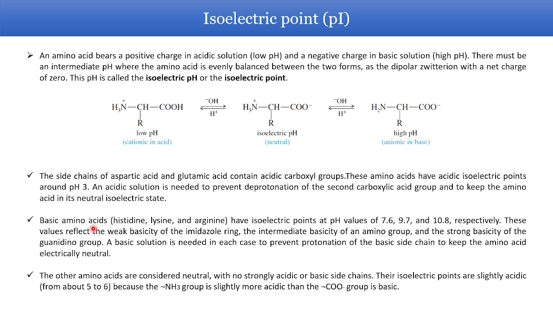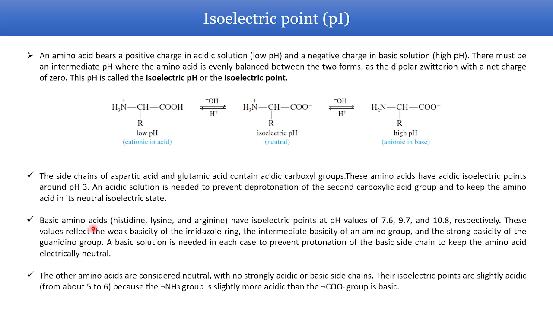However, for a basic amino acid like histidine, arginine, and lysine, the isoelectric point is at a basic value, because the second hydrogen that will be lost from the NH3 plus group will be at a higher pH value, and a basic solution would be needed to prevent the protonation of the basic site.